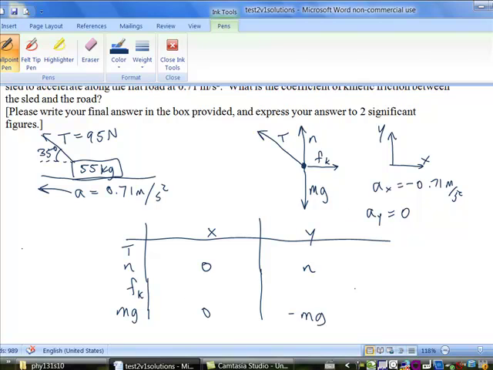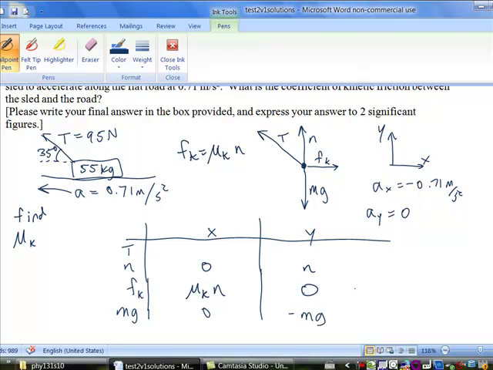The friction, we always know that kinetic friction is equal to mu sub k times the normal force, so I'll just write that in here, mu sub k times the normal force. So that's the same unknown as before. In fact, mu sub k is what we're trying to solve for. So find mu sub k. And it's got 0 in the y direction.